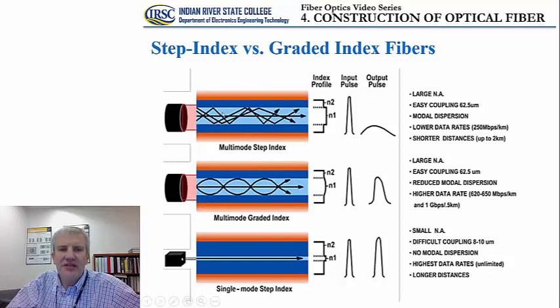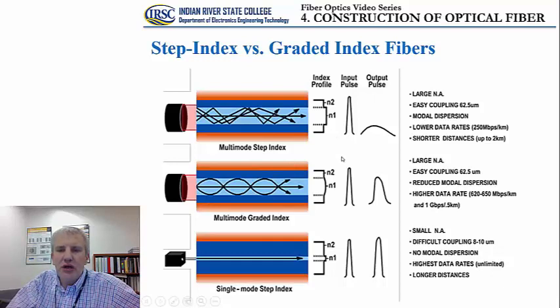Some modes travel larger distances because they are bouncing back and forth in the glass core more often than other modes. So these different modes will arrive at the output of the optical fiber at different times, and that's what causes the spread of the pulse, or so-called modal dispersion.